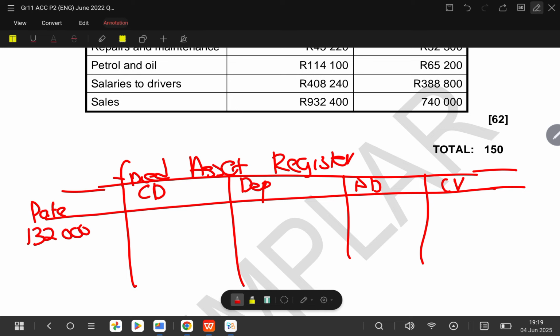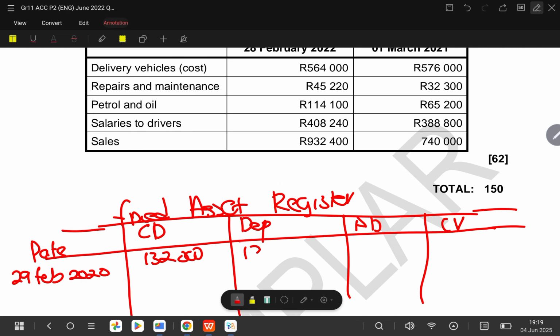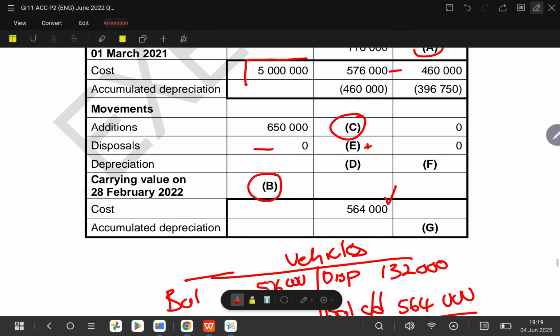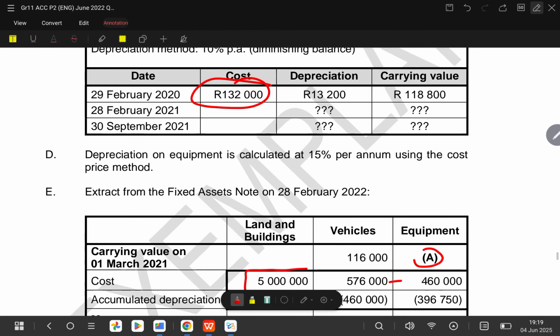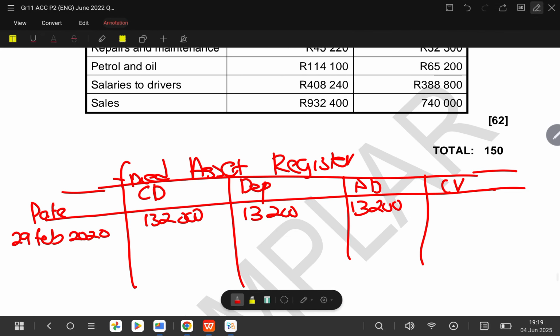So the cost price here is going to be 132,000, and then your date is going to be 29 Feb 2020. So they said the depreciation for this particular year was 13,200. So obviously the accumulated will also be 13,200, right? Now let's check what's happening. So we got 13,200, and then the carrying value is 118,800.